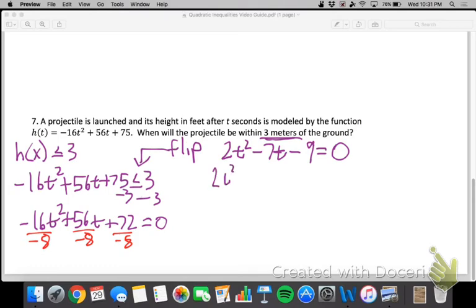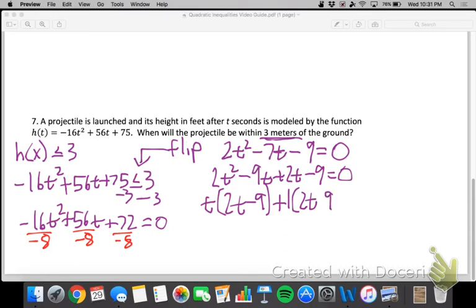This is going to become minus 9t plus 2t minus 9. So factoring out a t from the first pair gives us 2t minus 9. 1, 2t minus 9. We get t plus 1 times 2t minus 9 equals 0.